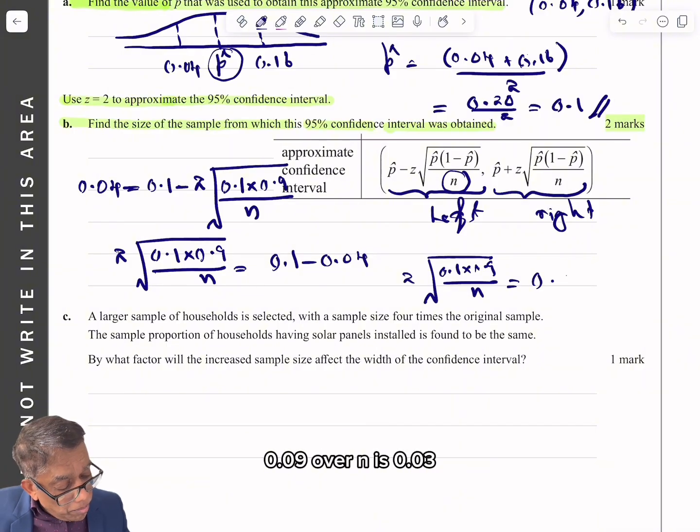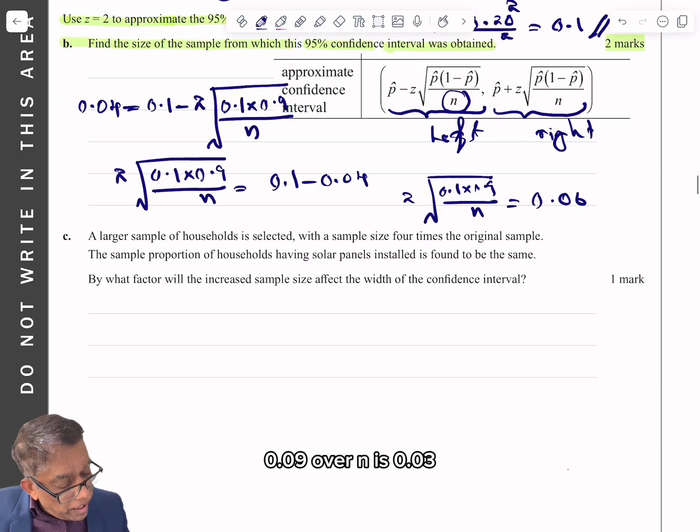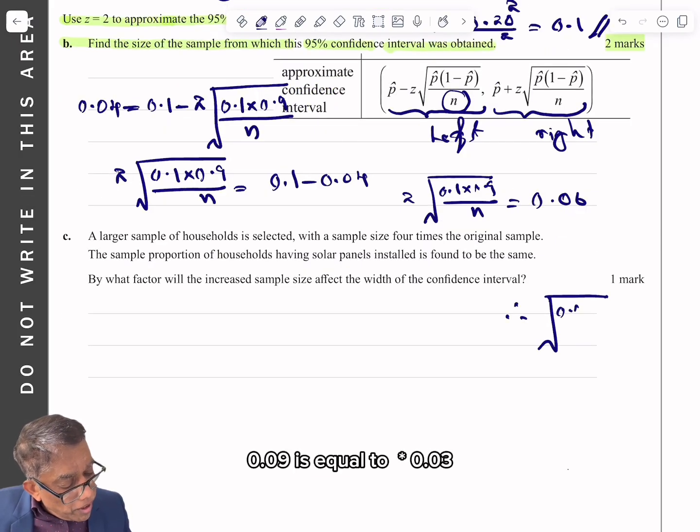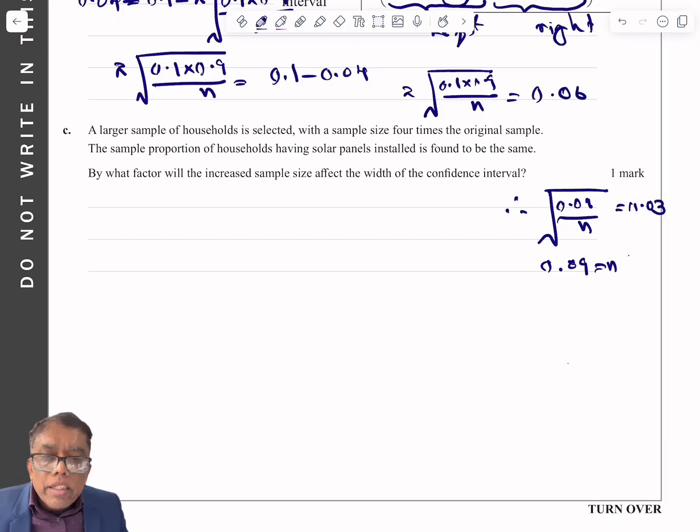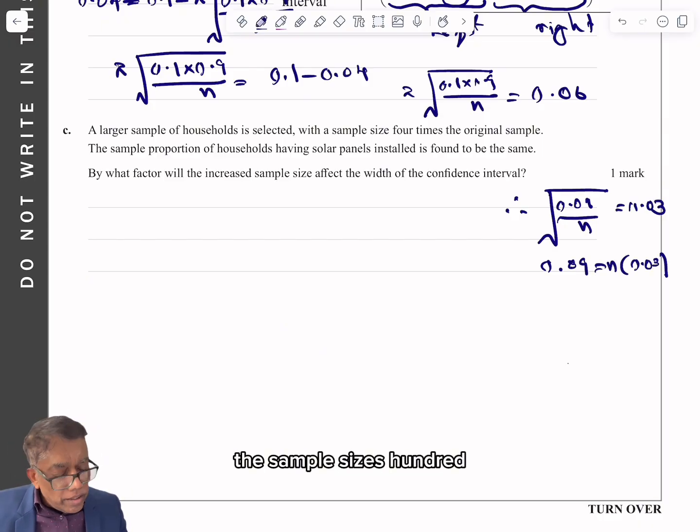Therefore, the square root of 0.09 over n is 0.03. So 0.09 is equal to n times 0.03 squared. N is equal to 100. The sample size is 100.